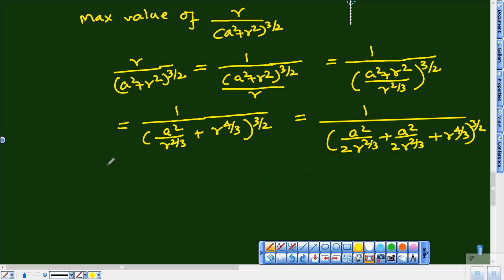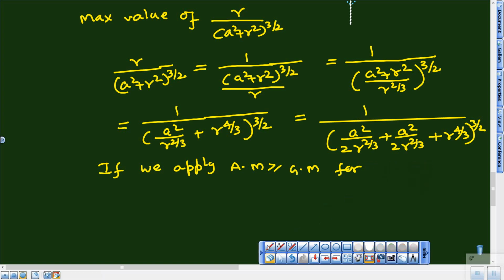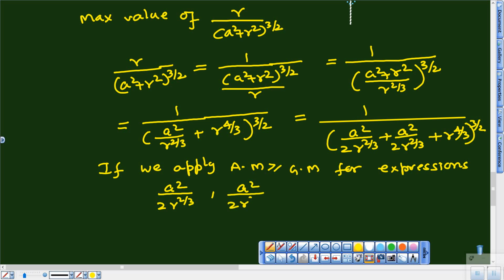If we apply AM is greater than or equal to GM for expressions rather, a square by 2r raised to the power 2 by 3, a square upon 2r raised to the power 2 by 3, r raised to the power 4 by 3.